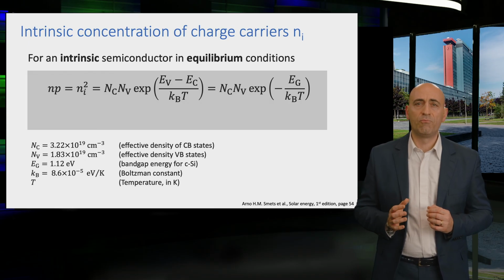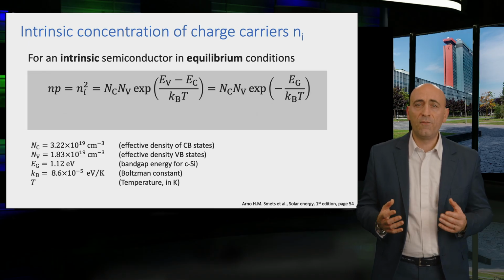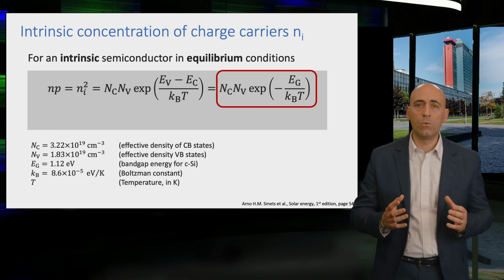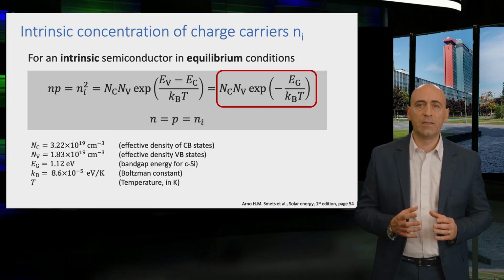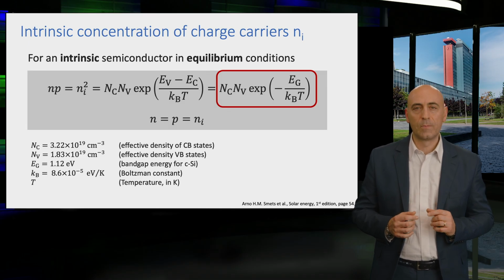In the simplified expression, we can see that Ni is just dependent on the band gap, the temperature, and the effective densities of states. In a fully intrinsic semiconductor, since N and P are equal, they are both equal to Ni. For crystalline silicon at 300 Kelvin, Ni is equal to 10 to the power of 10 per cubic centimeter. We will use this value in many equations to come, so make sure to note it down.